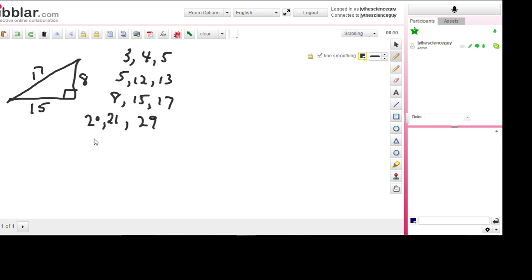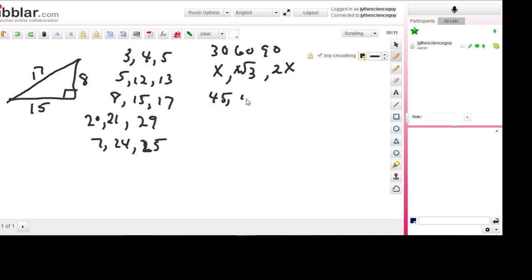There's one with 7 in it. 7, 24, 25. And then you have the 30, 60, 90 triangle, and those sides are x, x root 3, and 2x, respectively. And then you have the 45, 45, 90 triangle, and those are x, x, and x square root of 2.